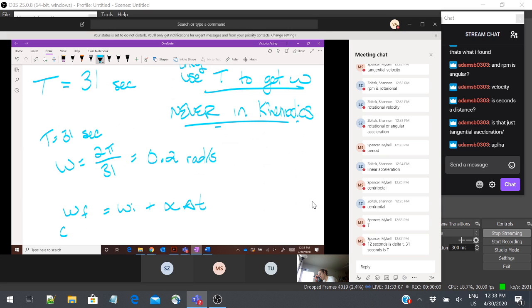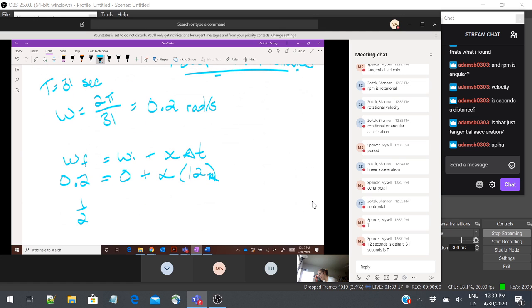This is 0.2, this is 0, this is what I'm looking for, delta T is 12. If I want to find out how far it traveled, I would do 1/2 alpha delta T squared is delta theta. That would tell you how many rotations it did while it was speeding up. Or this would be radians traveled while speeding up.